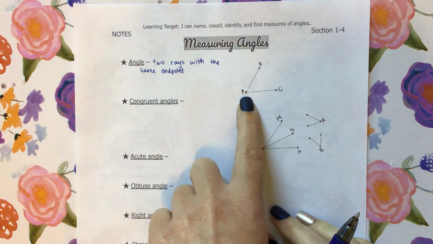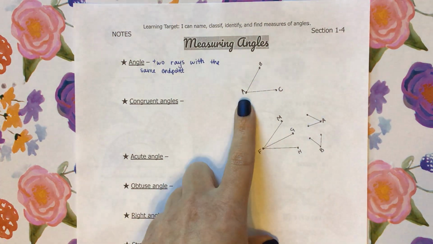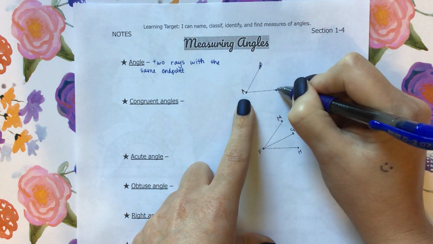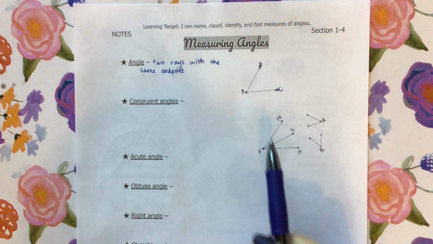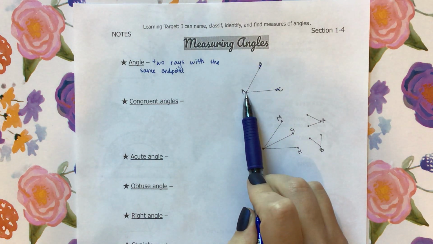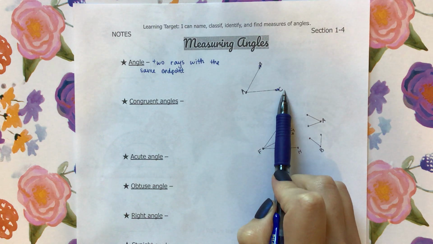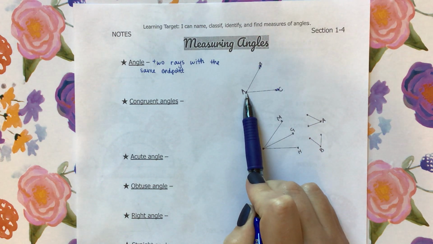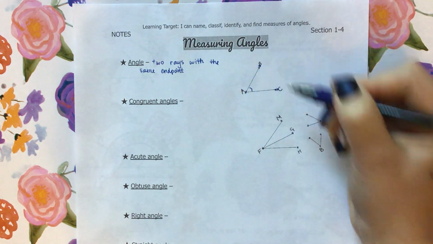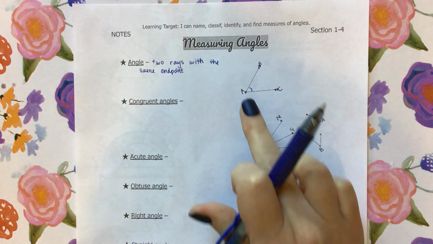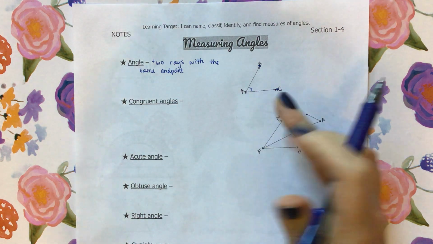So notice here, which isn't drawn super well, there is a little arrow right there. We have ray AB and ray AC, and they both share this point, and so they're forming an angle right in here. There are two ways, I guess technically three ways, that we can name this angle.